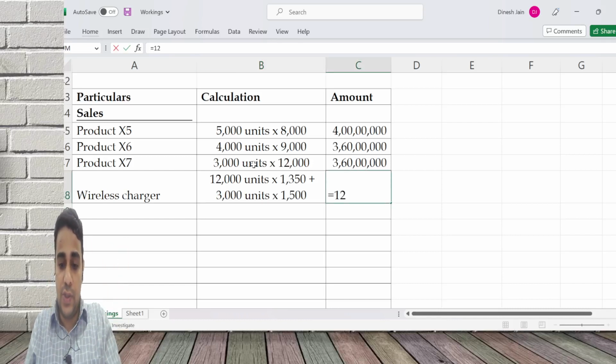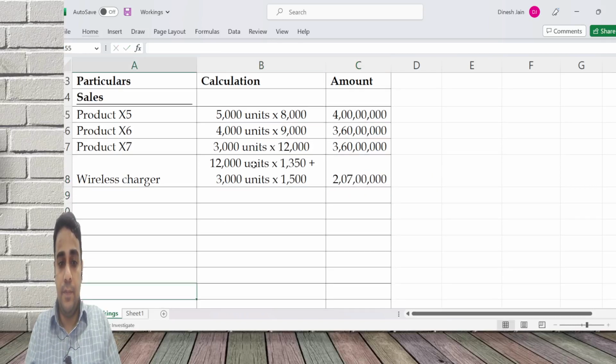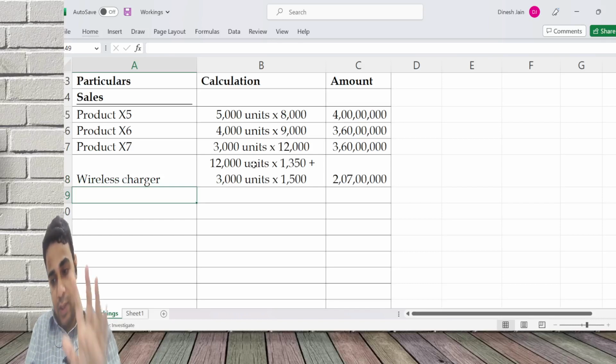How is 12,000 arrived at? It is 5,000 of first product, 4,000 of second product, 3,000 of third product.